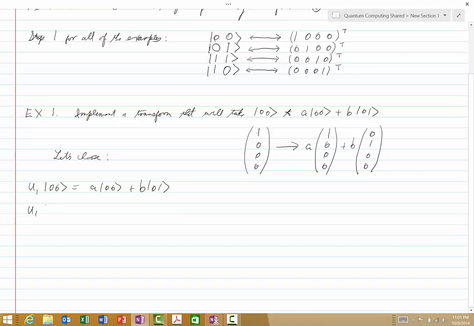And U1 of 0 1 is equal to B times 0 0 minus A times 0 1. U1 of 1 1 is equal to 1 1, and U1 of 1 0 is equal to 1 0.